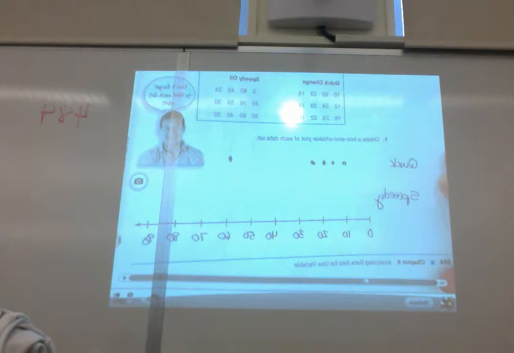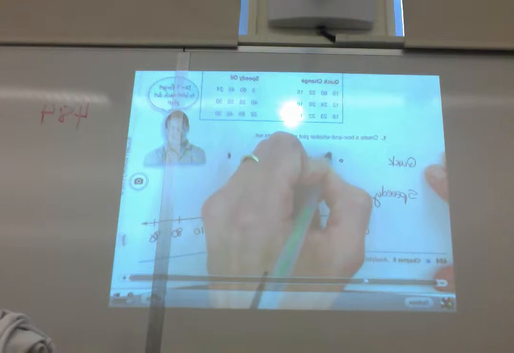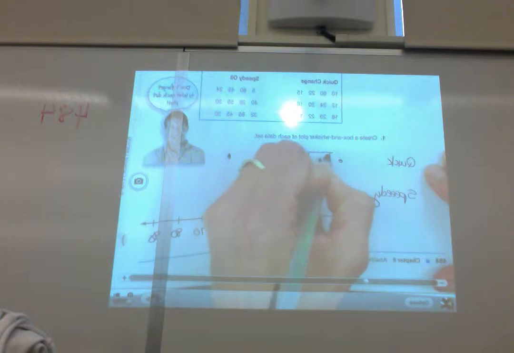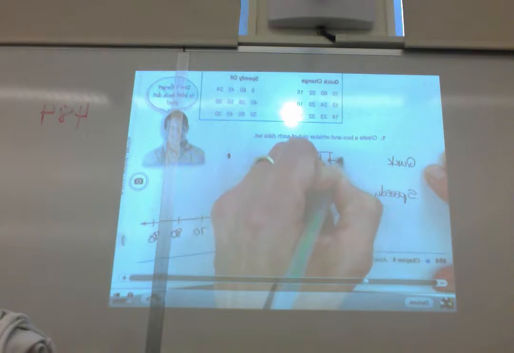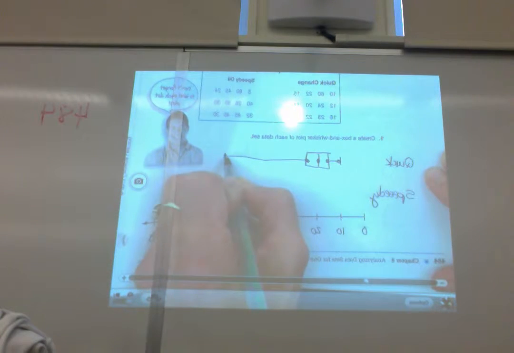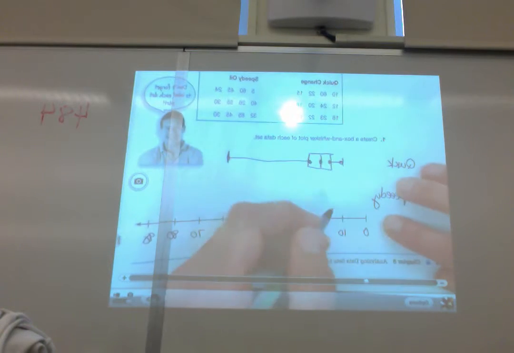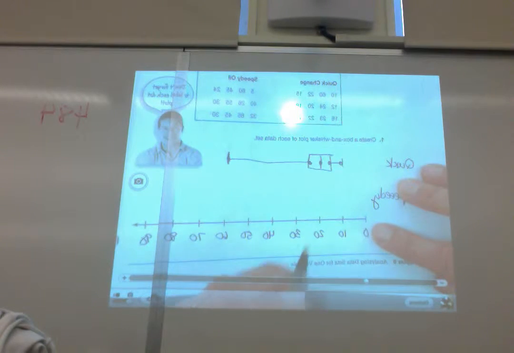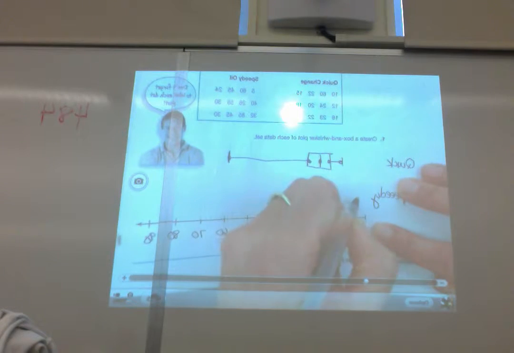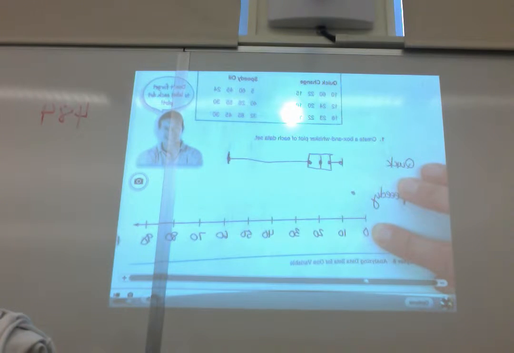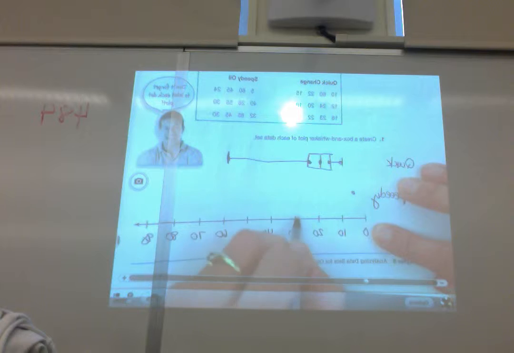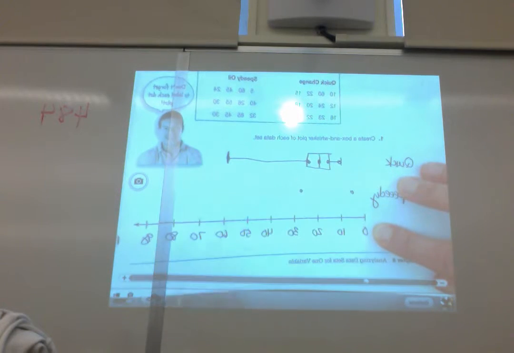Those are the 5-number summary for quick change: box, line, whisker, whisker. Speedy oil, back tables. What is the 5-number summary? Okay, so the min is 5. Q1 is 28, which is going to be over close to 30. The median, the middle, is 36.